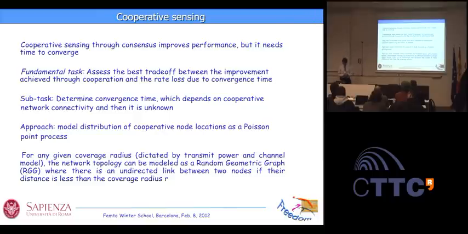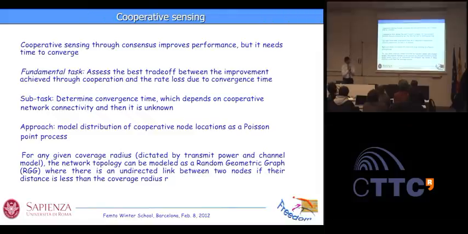Now, if we implement this kind of cooperation through a consensus, meaning that I just exchange parameters with local neighbors, they send me their parameter, I send them my own estimates, we take local averages and so on, everyone does the same. At the end, it's very easy to show that under very mild conditions, everyone will converge to the average of the values that we exchange.